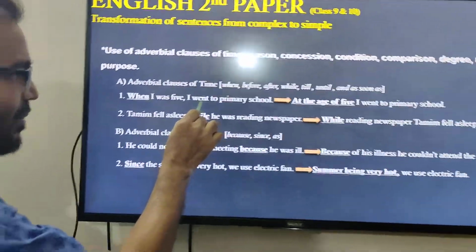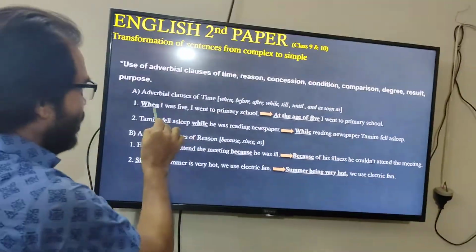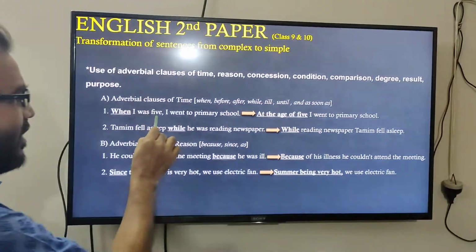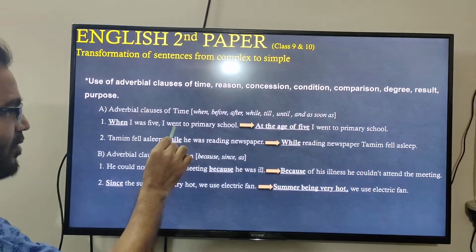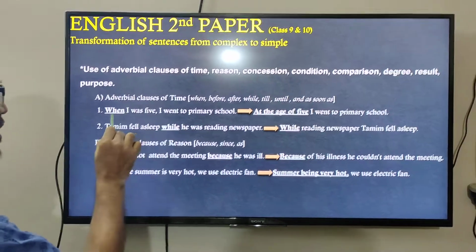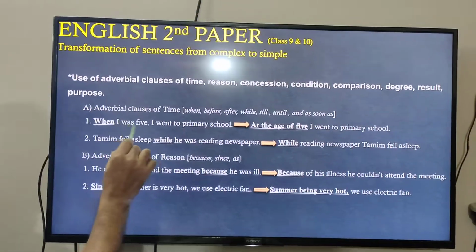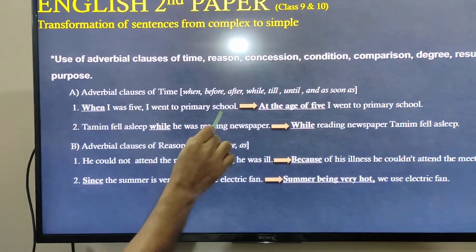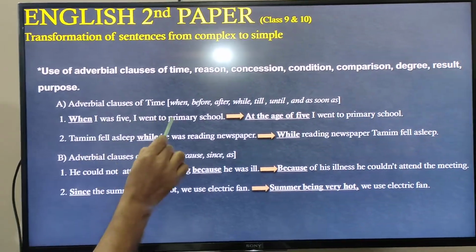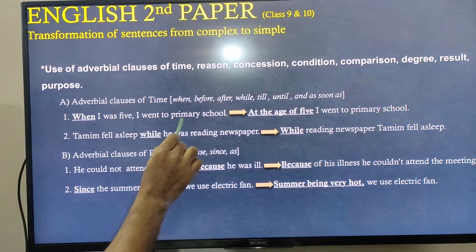When does this action happen? When I was 5. So this sentence qualifies the action of the verb went. When I was 5 is the adverbial time clause. I went to primary school is the principal clause. So the adverbial time clause and principal clause make the sentence complex.